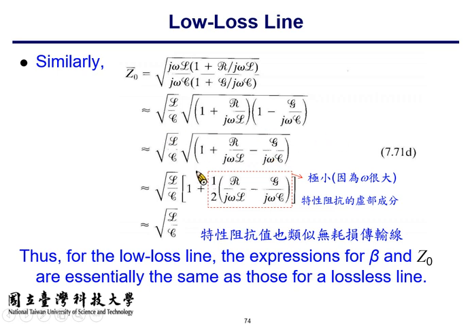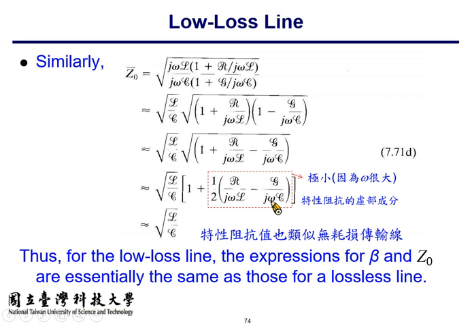So this thing can be approximated as 1 plus 1 over 2 times R over J omega L minus G over J omega C. So for the characteristic impedance, you see, this is a real number. This is imaginary because you have a J in the denominator, right?